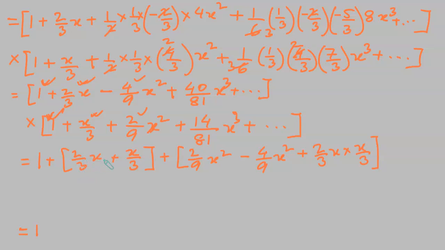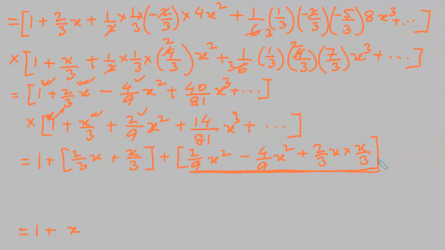This is 2 over 3x plus 1 over 3x is 3 over 3x, which is equal to x. So the next non-zero term is x. Now coming to the x square. 2 over 9 x square minus 4 over 9 x square is minus 2 over 9 x square, and this is plus 2 over 9 x square. So this term is equal to 0.